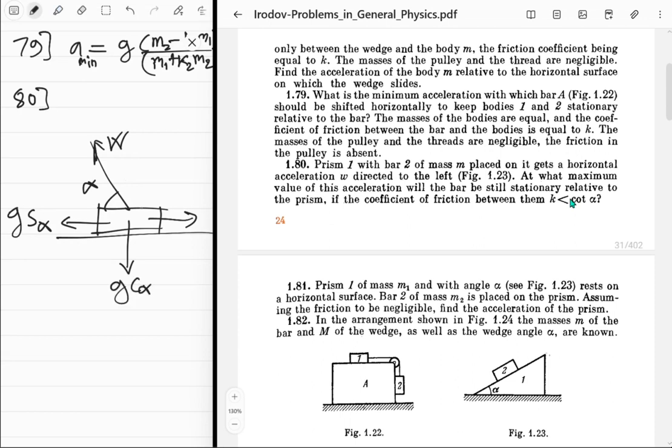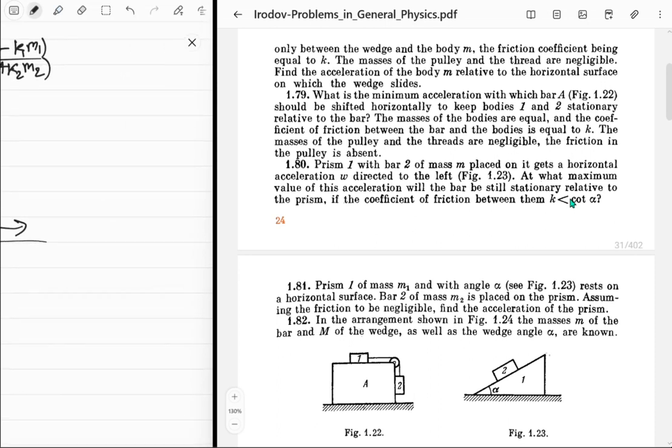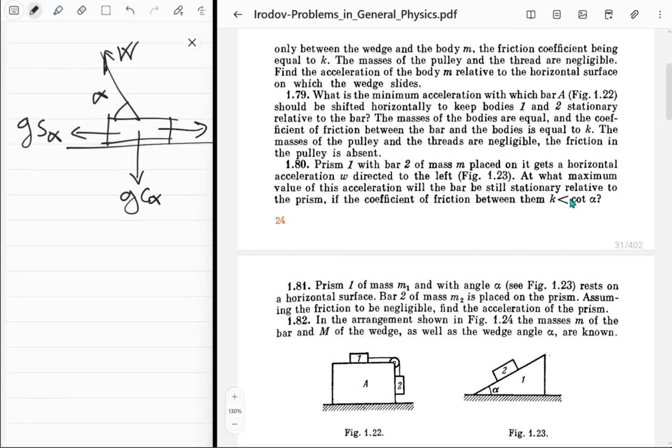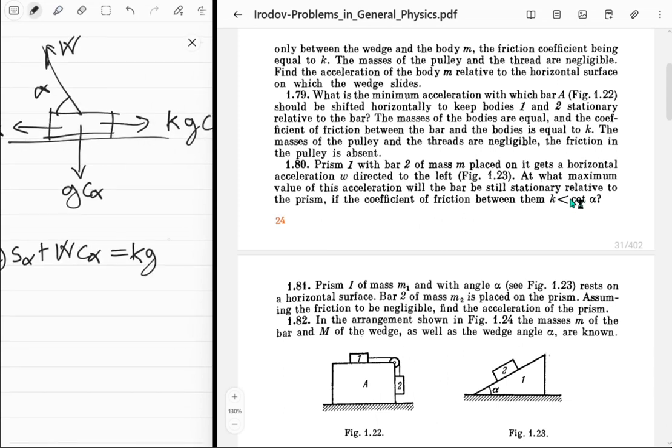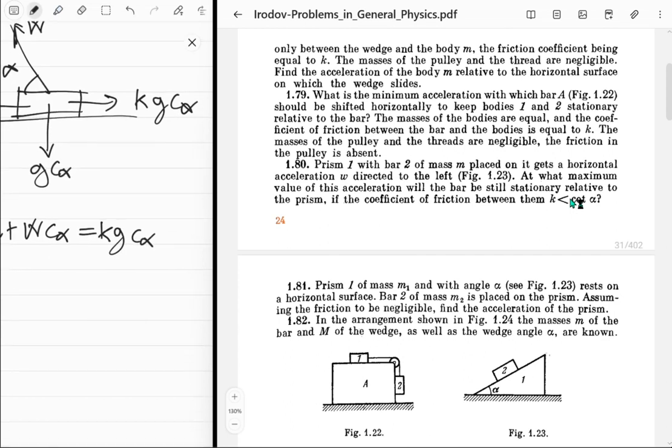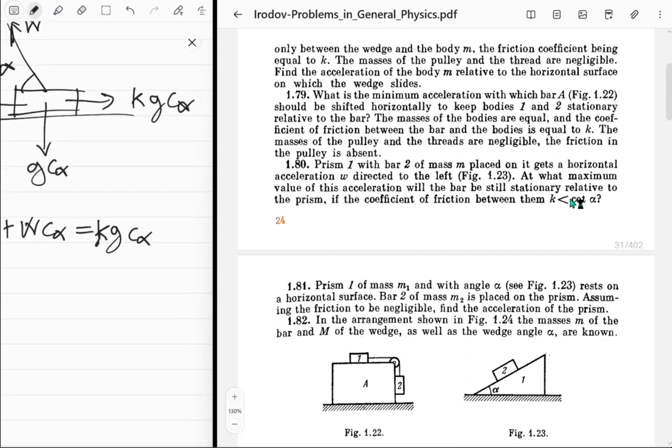You got mg cosine alpha as a force times the coefficient of friction, divided by m basically. So this is going to be kg cosine alpha acceleration in this direction. So do the thing. g sine alpha plus w cosine alpha is equal to kg cosine alpha. I really don't like k. I like kg. Looks like a unit.